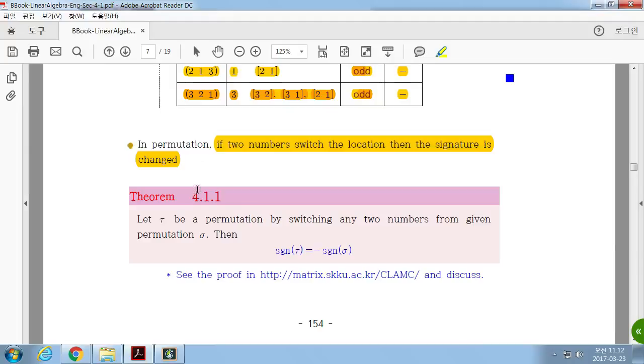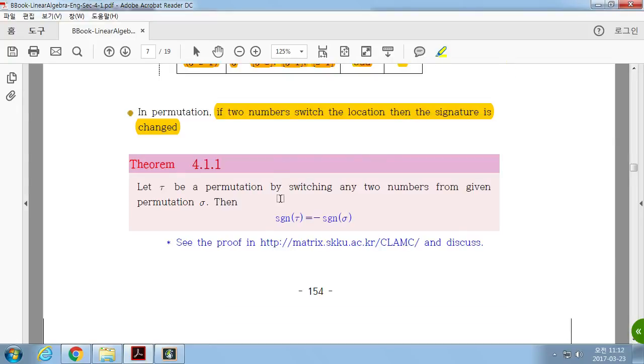So anyway, if you switch the location of 2 numbers in one permutation, then the signature is changed. This gives this theorem: let tau be a permutation obtained by switching any 2 numbers from a given permutation sigma. Then the signature of tau is equal to minus the signature of sigma, the original one.